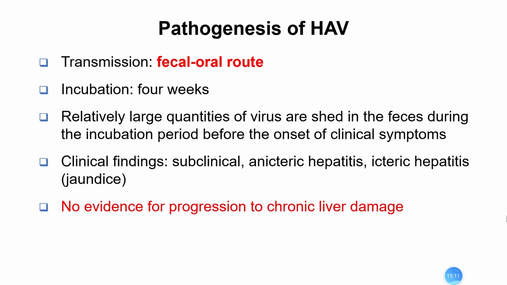Here, this word, icteric, means jaundice. You know jaundice, right? You learned that. That's because of the liver cell damage, the metabolism is interrupted, so that the patient's skin would turn a yellowish color. So that's the jaundice.